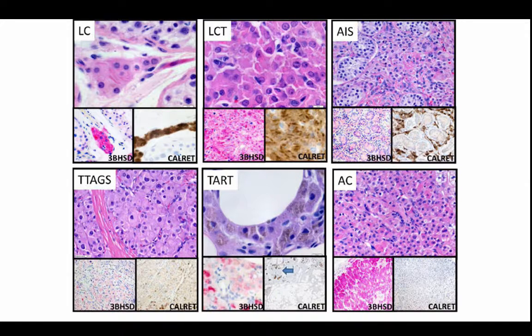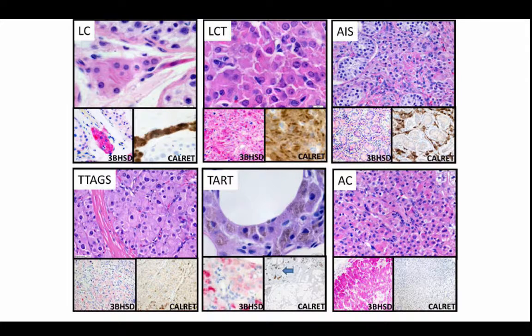So bringing this all together, we see normal Leydig cells and Leydig cell tumors have a unique phenotype in that they both have high expression of both of these proteins that are staining Reinke crystals. So high concentrations of 3-beta-HSD and calretinin.